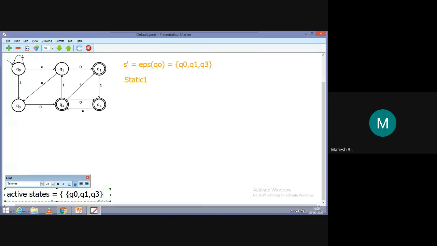You'll be adding more and more states as we proceed.